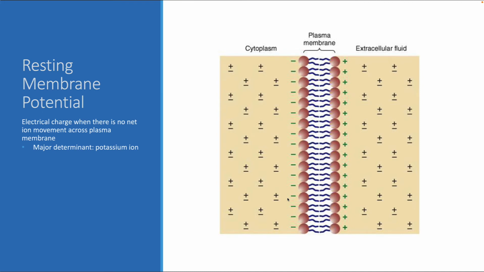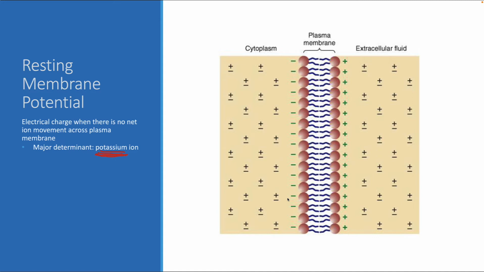So let's look now at the resting membrane potential. So this is that electrical charge when there is no net ion movement across this plasma membrane. And so largely it's the potassium ion that is responsible for this resting membrane potential. Remember that the majority of the potassium ions are intracellular, about 140 milliequivalents per liter intracellular concentration.